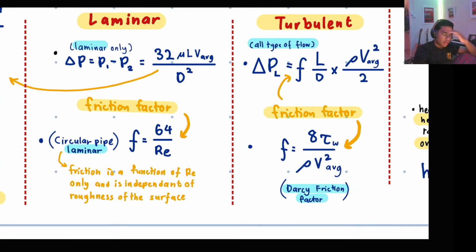As you can see, the pressure drop in laminar has no F, no friction factor. The pressure drop in turbulent has F, the friction factor.